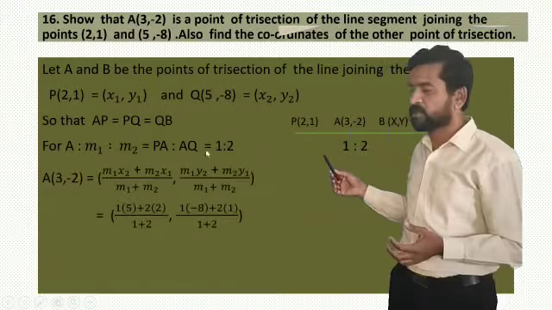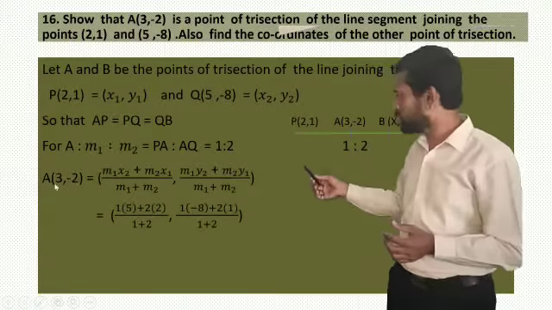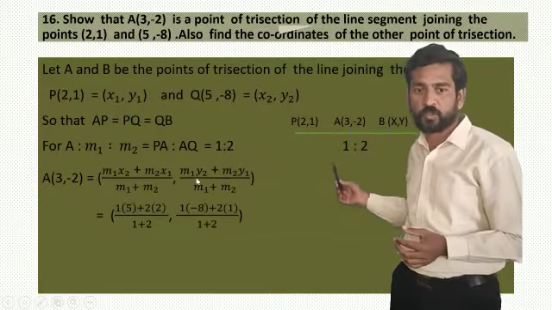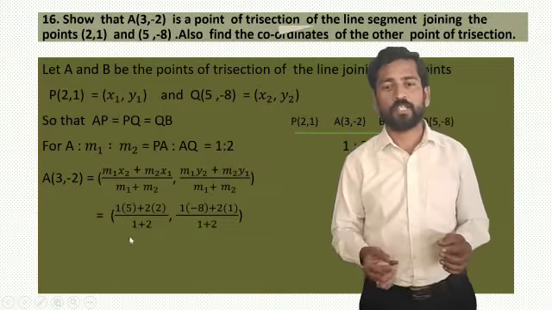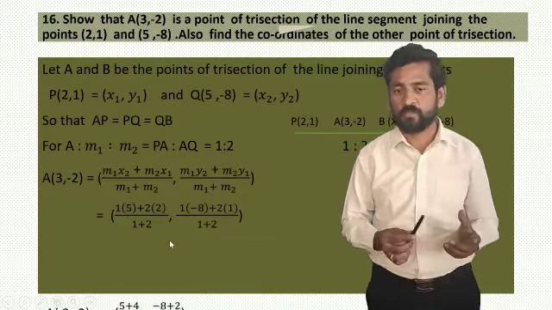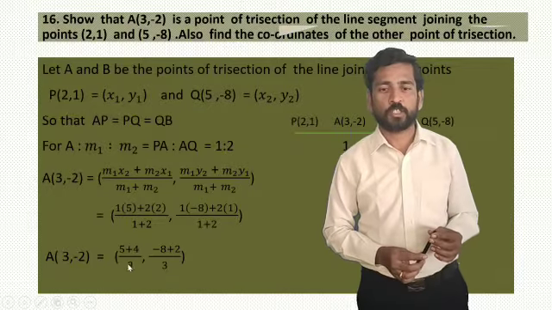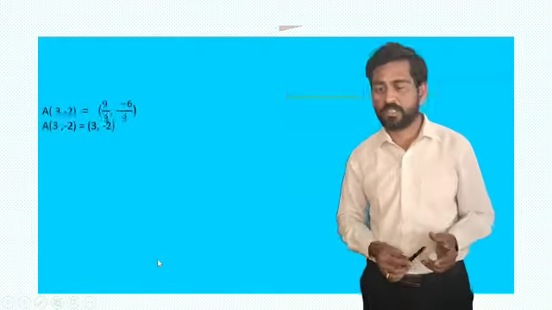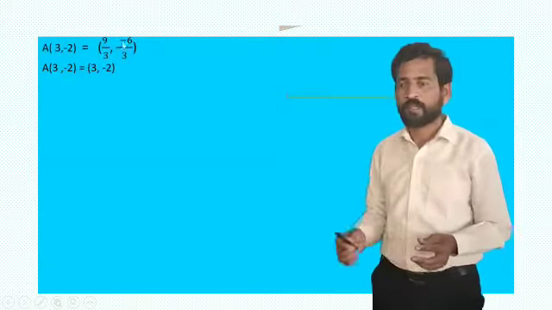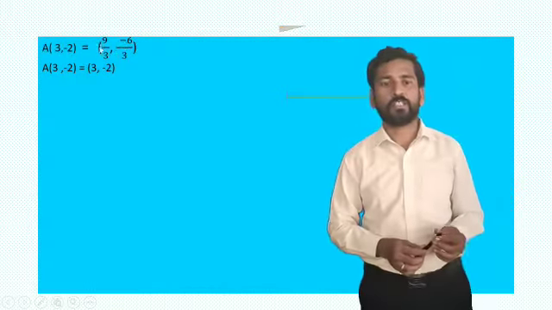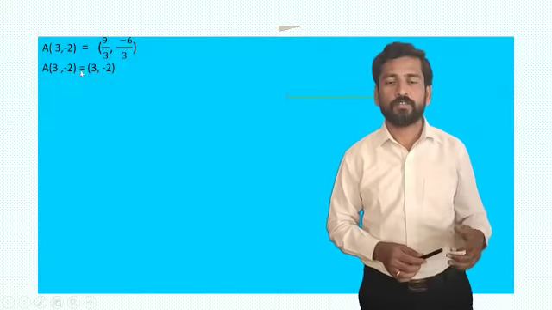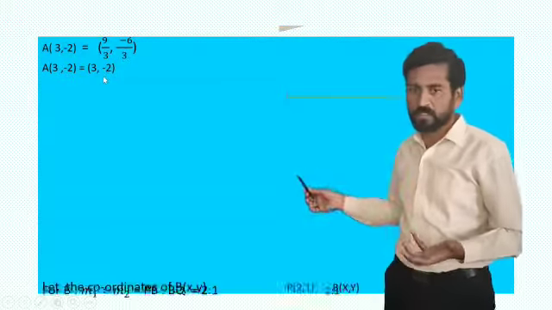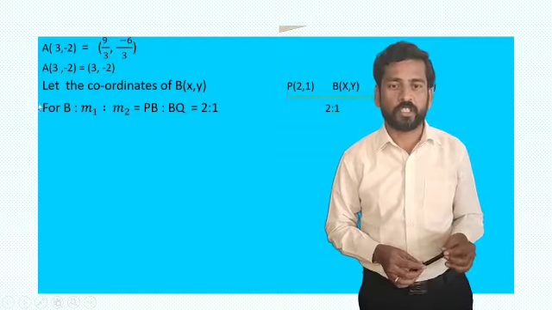A is (3, -2), and the section formula, you can see the substitution. m1, x1, y1, x2, y2, m1 and m2, everything is substituted, and A of (3, -2) equals (5 plus 4) by 3, (-8 plus 2) by 3. Now we have to show that LHS equals RHS. LHS is (3, -2), and after simplification, RHS is also (3, -2). So this shows that A is a correct point of trisection.